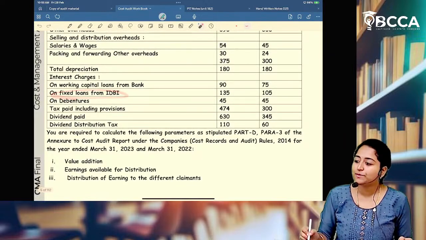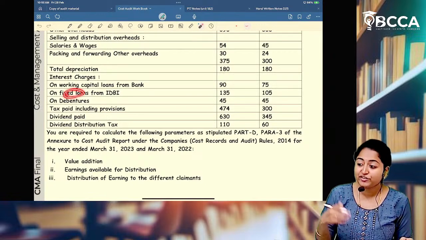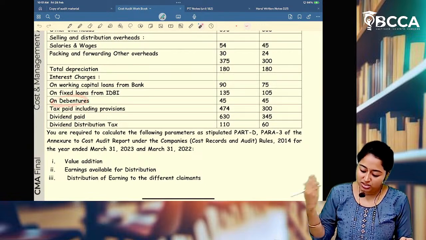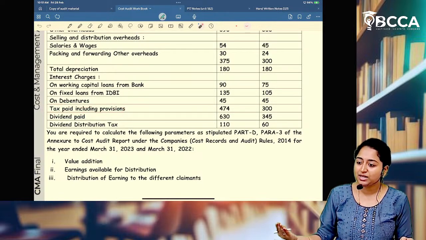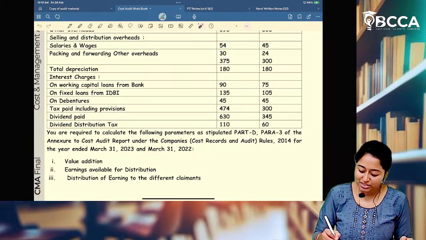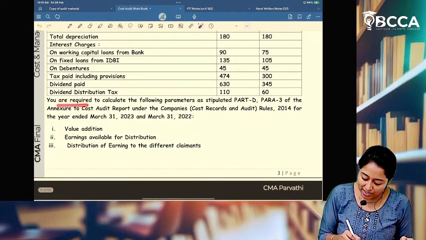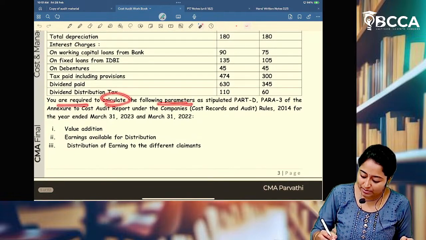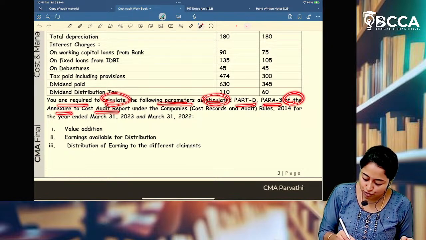On fixed loans from IDBI, it will be taken to earnings available for distribution because they are fixed loans. On debentures, earnings available for distribution, tax paid including provisions, earnings available for distribution, dividend paid and dividend distribution tax. These two will also be earnings available for distribution. Now you are required to calculate the following parameters as stipulated, part D, para 3 of the annexure to the cost audit report.